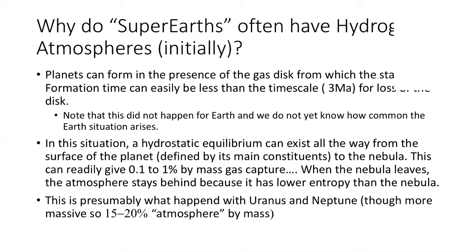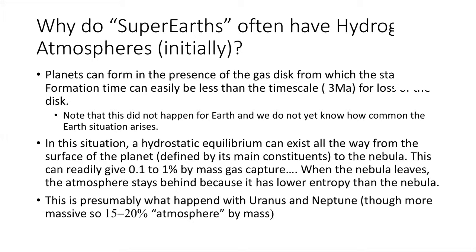So you can debate how common this is, but clearly there are many instances out there where the planets formed on that short time scale, and theorists have no trouble doing it in 3 million years. So you have the hydrostatic equilibrium all the way from the surface out to the nebula, and that will already give you of order this much, 0.1 to 1% by mass. And that atmosphere stays behind.